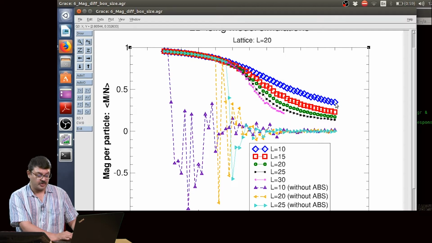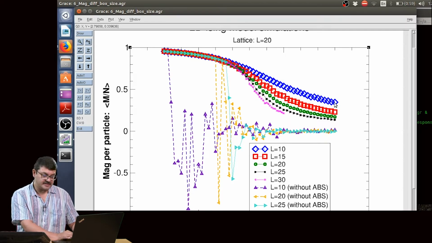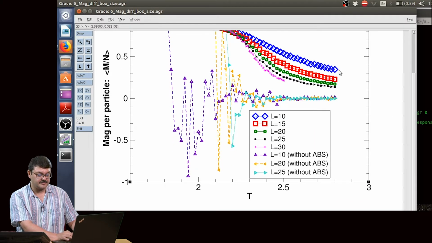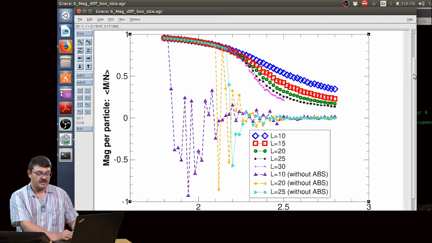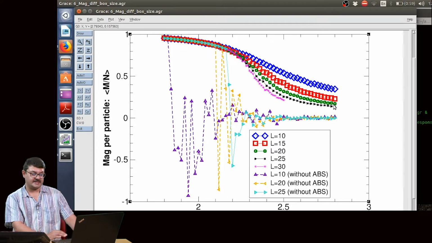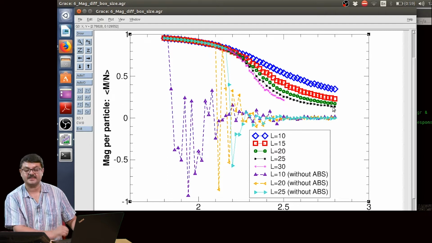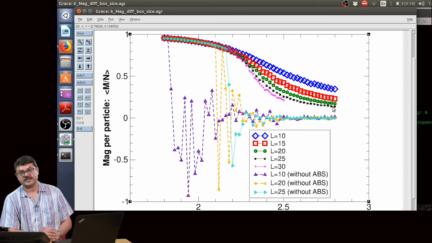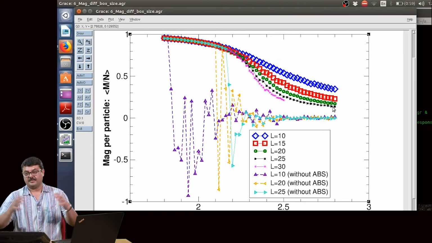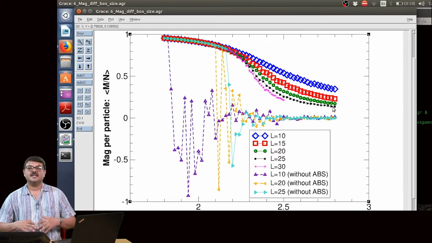For smaller lattices, at temperatures above 2.5, you should be getting 0, but you do get a finite value of the magnetization. Moreover, as you increase the size of the lattice, this approaches closer and closer to 0, because with a larger lattice you have a larger number of spins pointing up and down with equal probability.